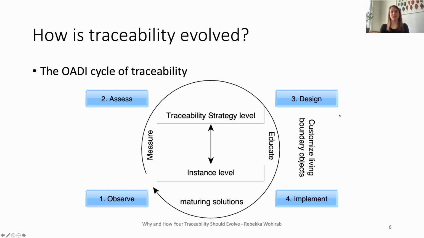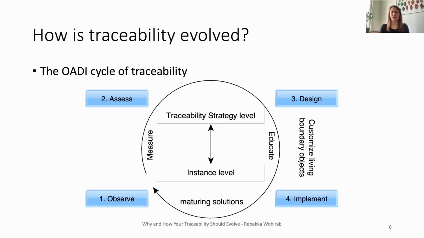So we saw that sometimes new trace link types were introduced or refined, mapping objects might be created, and we had some other examples where the processes and the tooling configurations were refined. And then those design changes also have to be implemented, people have to be educated in trainings, and so on. It helps to have living boundary objects in place there because they create this common understanding even as the traceability strategy evolves.